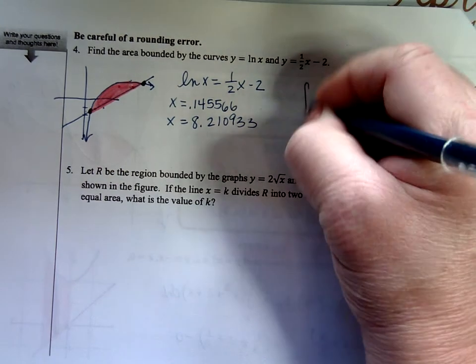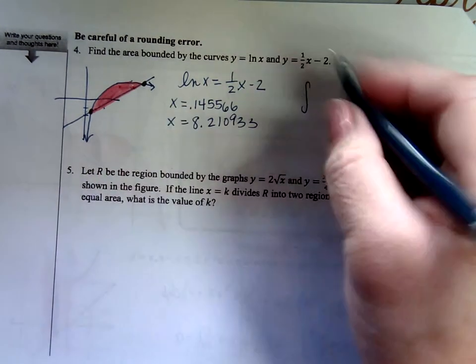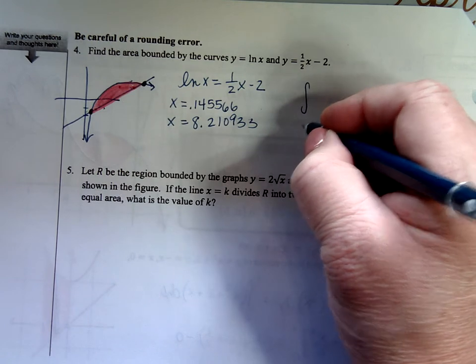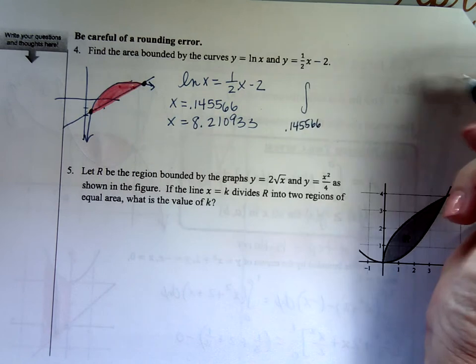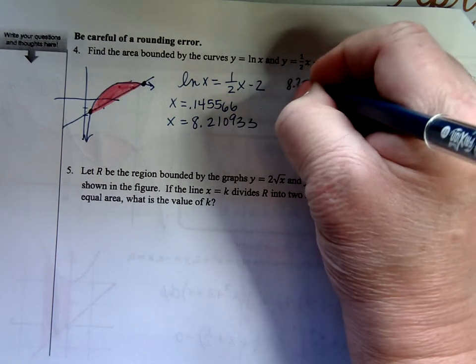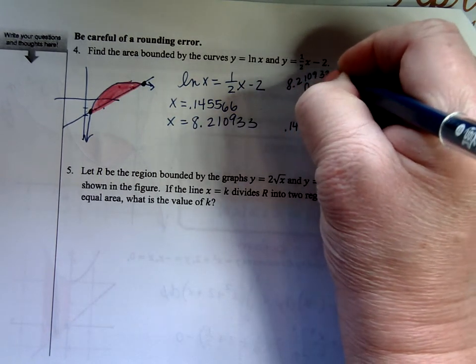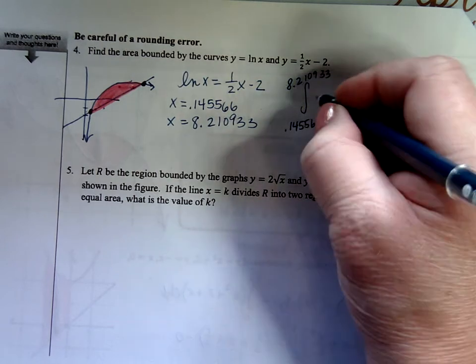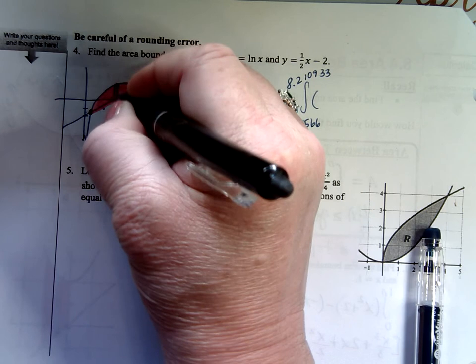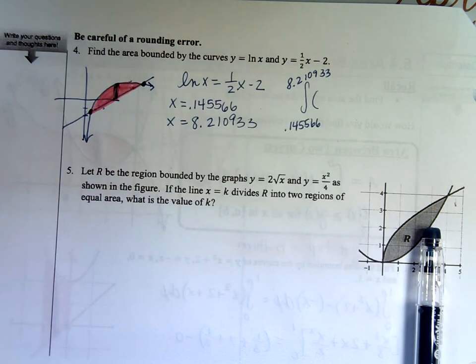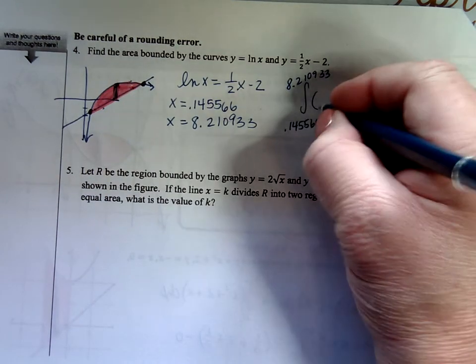All right, so find the area bounded. I'm going to go from the smallest x value, 0.145566, lower bound. Upper bound 8.210933. And I have the top. Oh, I didn't make my representative rectangle. The top of it is the ln of x.